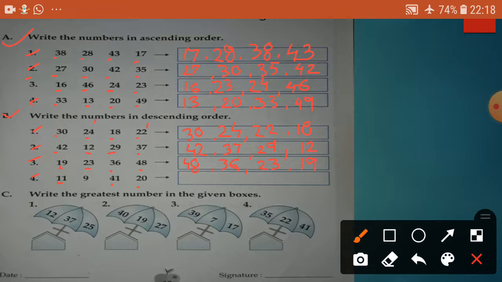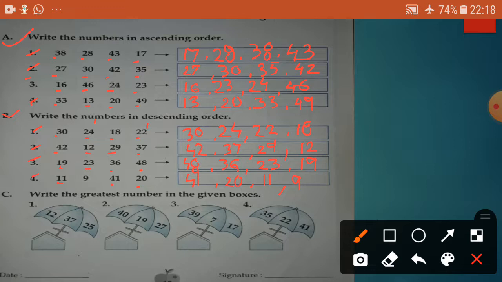So you see 41 biggest number. So I write here first 41. Then I write 22. No, sorry, 22, not 20. Write 11. Last ones, 9 ones. Okay, 9. So see here, ascending order and descending order.